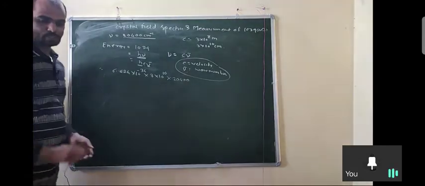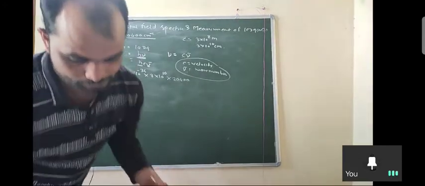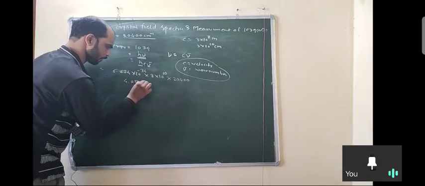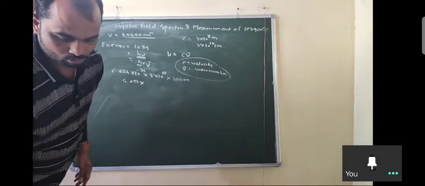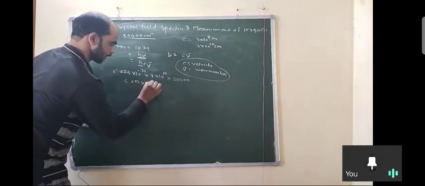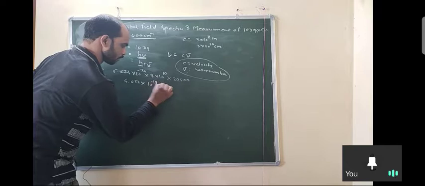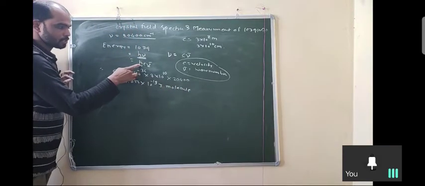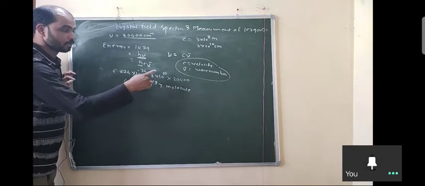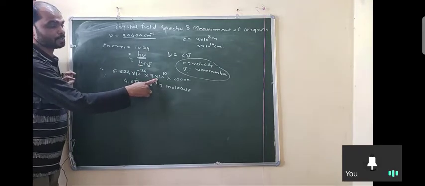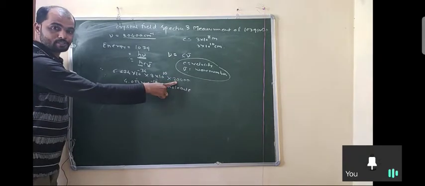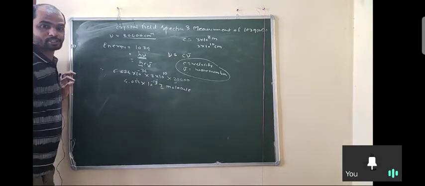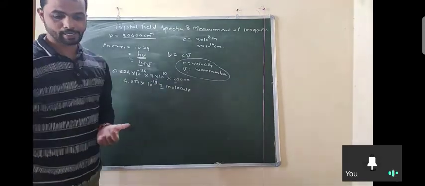If we calculate this, the answer is 4.054 into 10 raised to minus 19 joule per molecule. Because the Planck constant is in joule, the velocity of light is in centimeter, and the wave number is also given in per centimeter, the total energy is calculated in joule.